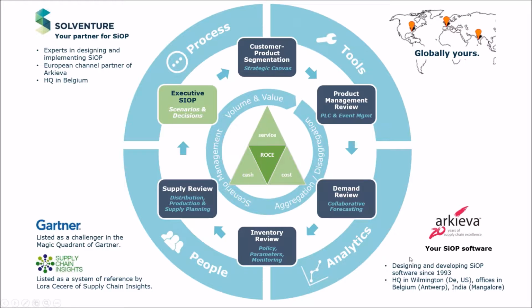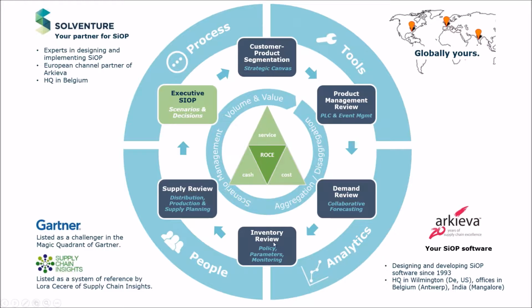All of these are analytical capabilities that we have available within Solventure. And then we should not forget the people, because you can have the best process, the best tool, the most clever algorithms, but if the planner is not trusting the system, he will not use it. So good change management capabilities is also something we have, and that we have incorporated in our implementation approach.